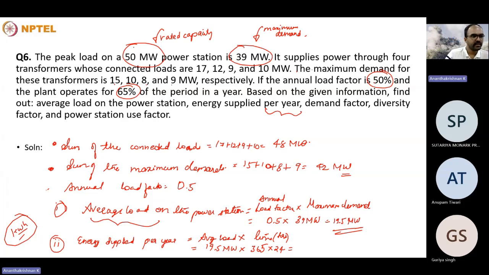The plant operation time is actually redundant information in this problem. So just ignoring that 65% of the period in a year, you'll get the energy supply per year.